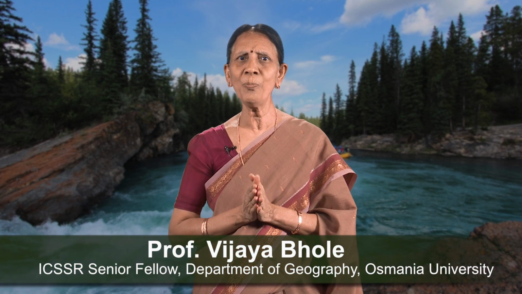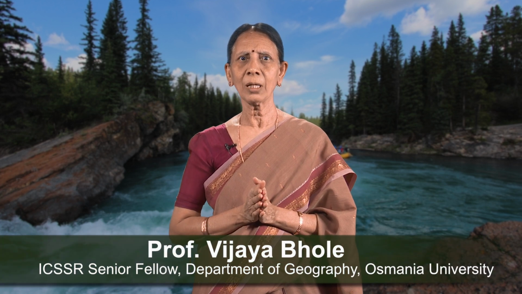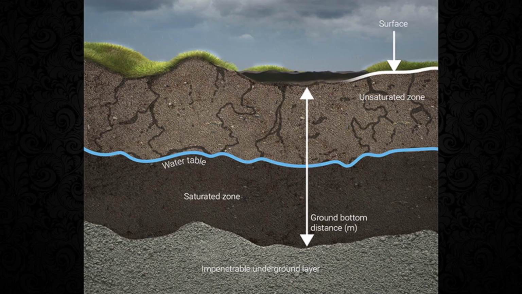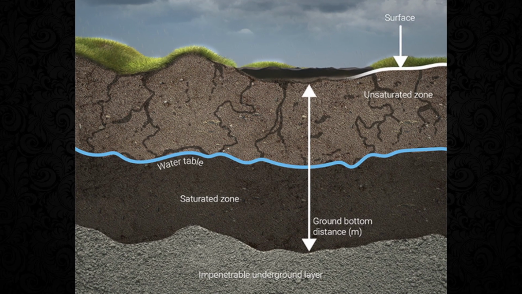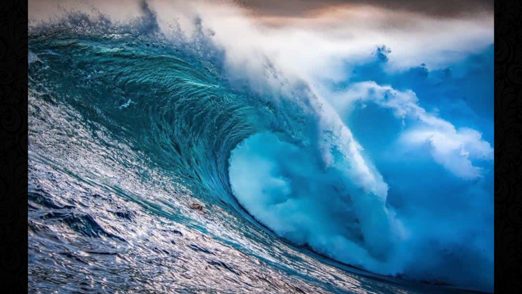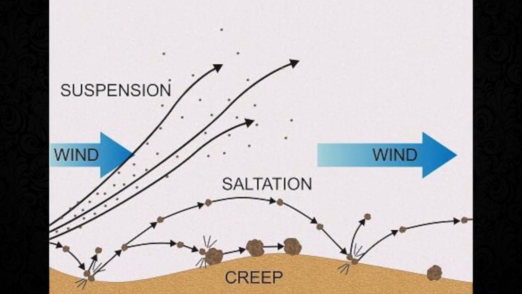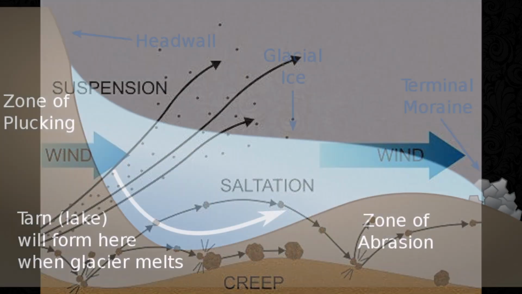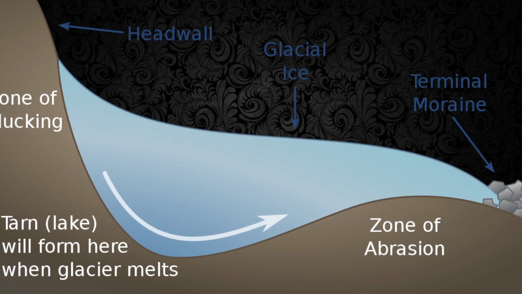The processes operated and the resultant landforms evolved by these geomorphic agents are known by different names. The process operated by running water is called fluvial process, underground water as karst process, sea waves as shoreline or marine process, wind as aeolian process, and glacial process.